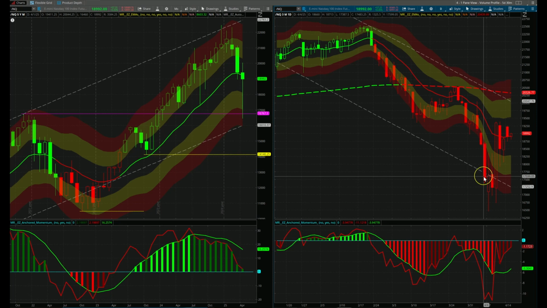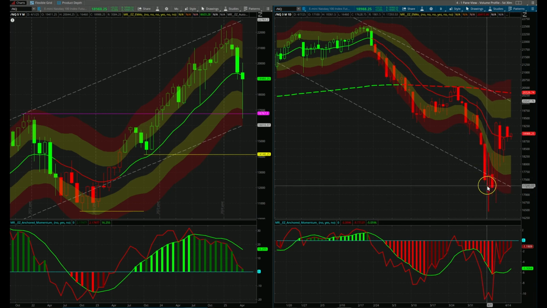Things got so oversold that you're outside the third standard deviation, which is 98% of the price action. This is not something that happens every day. And if I was smart, I was looking at this when it was happening: buy the hell out of this, even though it's all red.